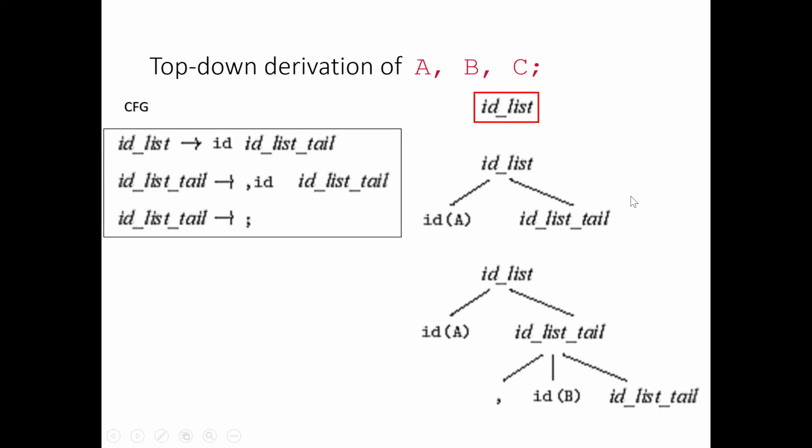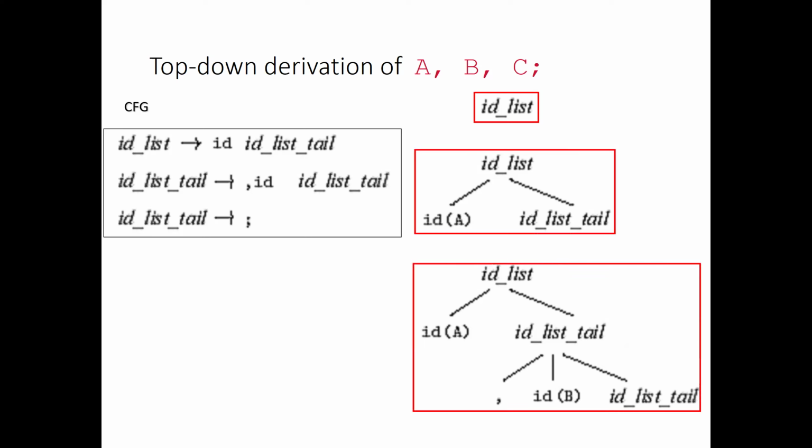So we can move two things. For this ID, we can write ID of A. And for the ID list tail, we have the option comma ID list tail, so we write comma ID list tail. We are substituting from top to down. I hope you understand: that is called the top-down approach. So it is called left to right, leftmost derivation.